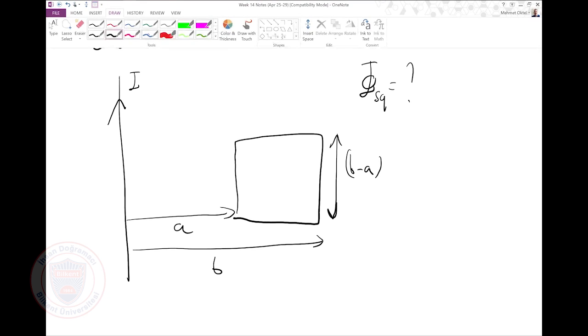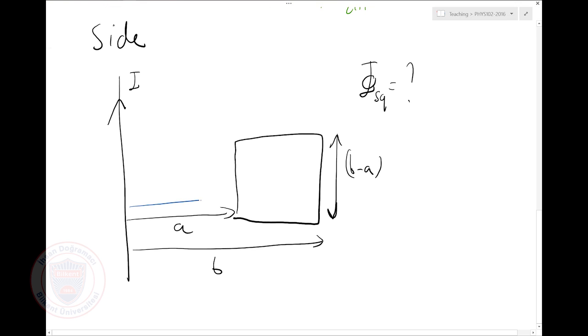So let's do that. Let me take a section of thickness dr and calculate d phi through that section. D phi is going to be, magnetic field is uniform in that small region. It's exactly what we found, mu 0 I over 2 pi r.